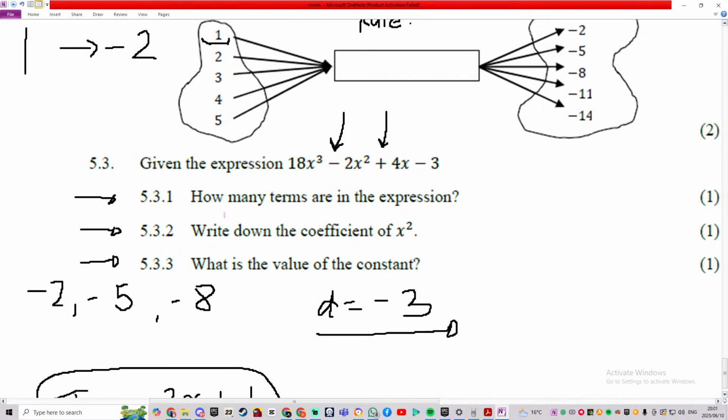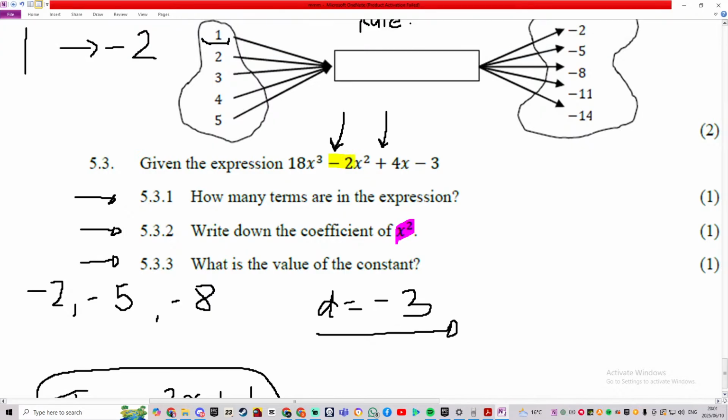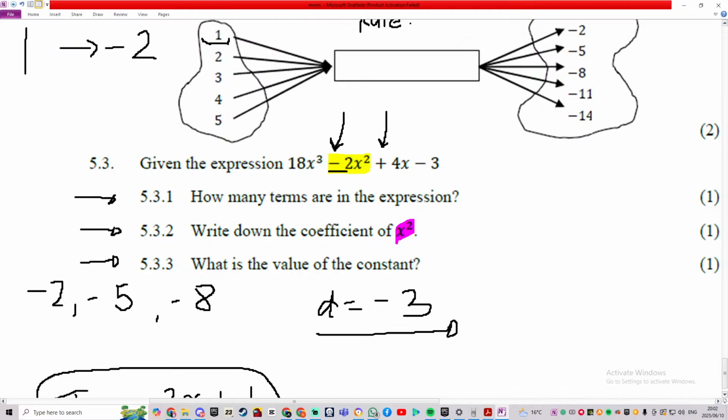Now, next question says, write down the coefficient of x squared. Do you remember what coefficient is? The number, sir. Okay, that's correct. So the coefficient of x squared here would be -2.